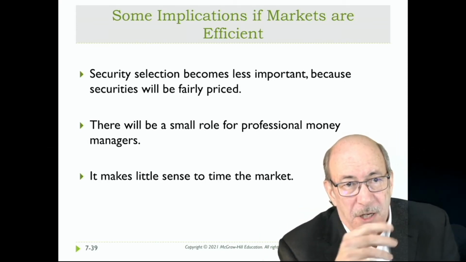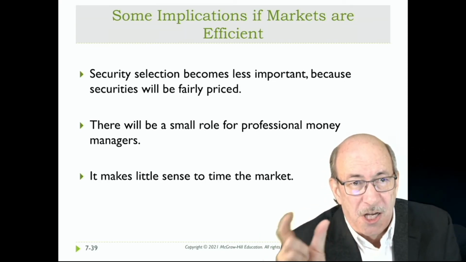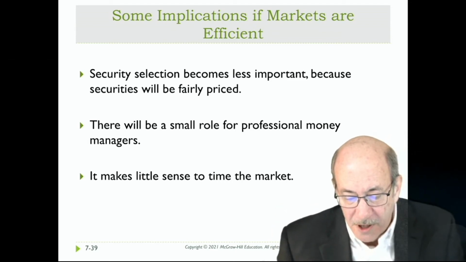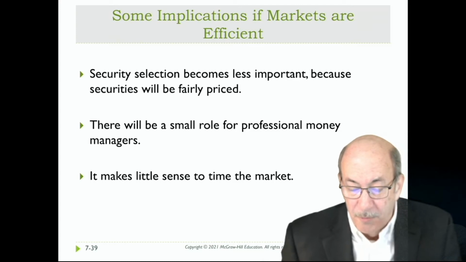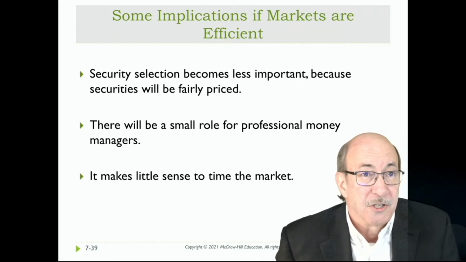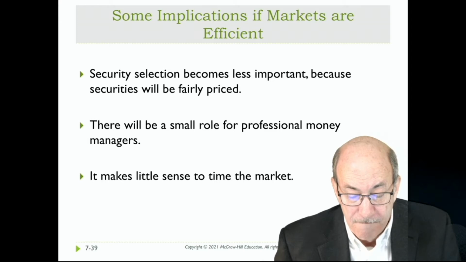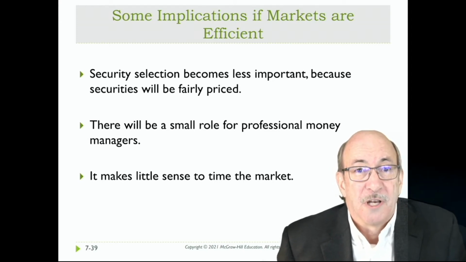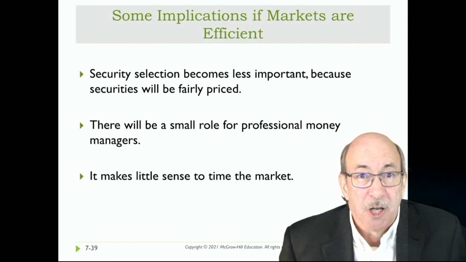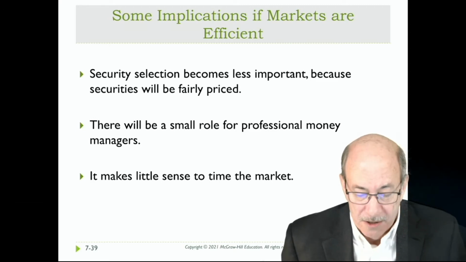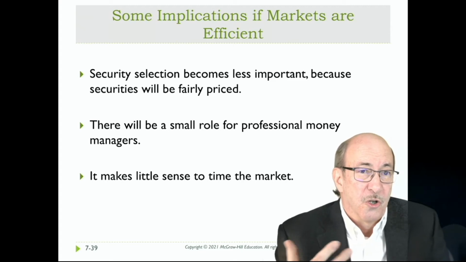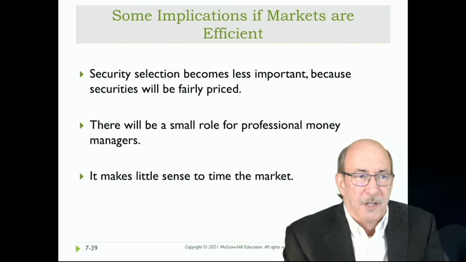Only about 10% is related to picking a particular security or set of securities within that broad category. There will be a small role for professional money managers. Meaning that, hey, if I can't really beat the market, we shouldn't have that much actively managed money: stock picking or even market timing type of strategies. So these things should probably be less prevalent.